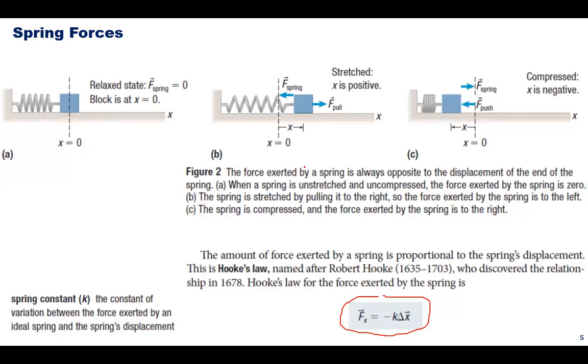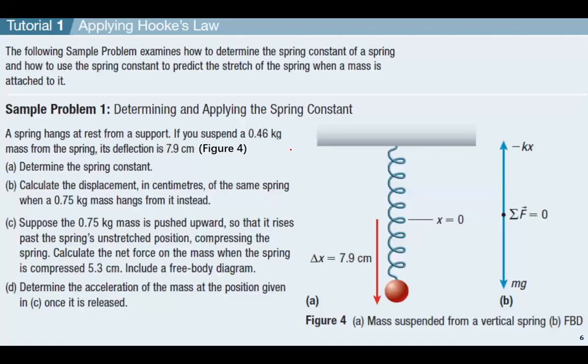So now let's consider a sample problem in tutorial 1, in which we'll use Hooke's law to predict the effect of an applied force on a spring. The following sample problem examines how to determine the spring constant of a spring and how to use the spring constant to predict the stretch of the spring while a mass is attached to it.